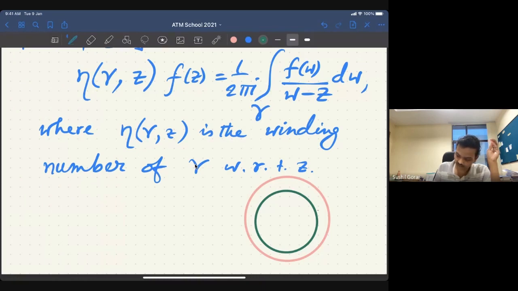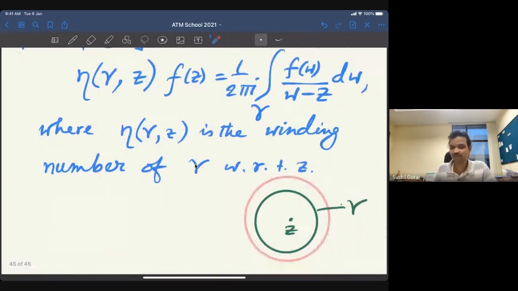Now if this is gamma, then for the points z here, the winding number will be 1, and then f(z) will be this one. So this is the standard form of Cauchy's integral formula, which is used in many places.